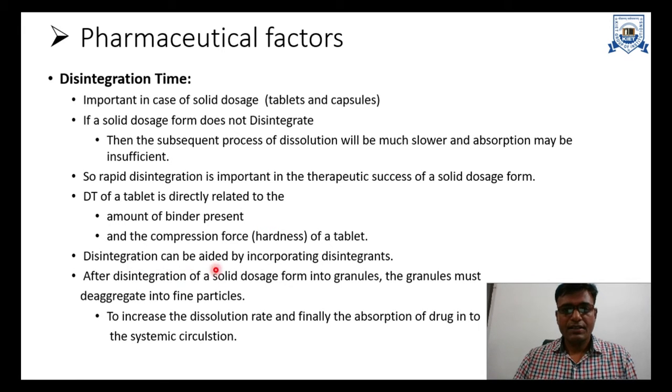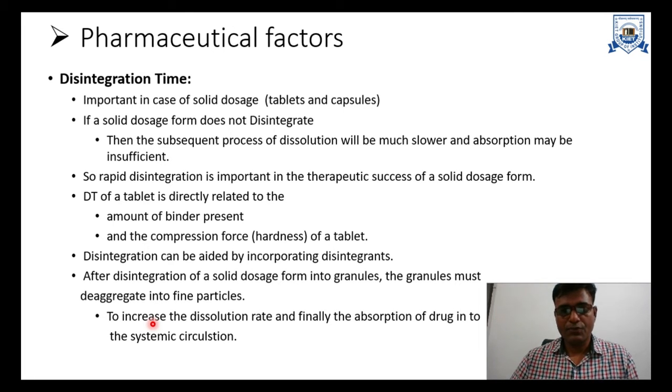Now, disintegration can be improved by incorporating disintegrants. If disintegration time is long, we can add a larger amount of disintegrants so that the tablet disintegrates faster. After disintegration of a solid dosage form into granules, the granules must deaggregate into fine particles, because fine particles increase the surface area, and finally the dissolution rate will be increased.